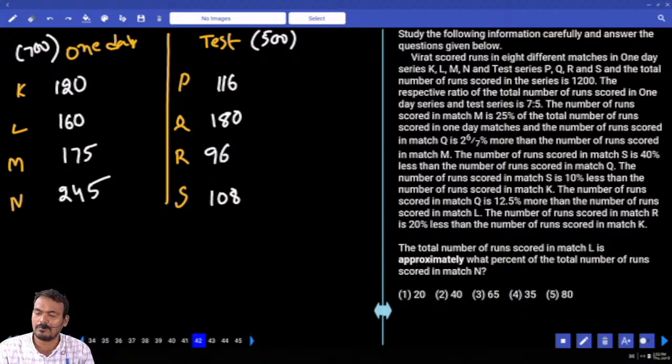Next, 42. The total number of runs scored in match L is approximately what percentage of the total number of runs scored in match N? What is the L value? 160. What is the N value? 245.